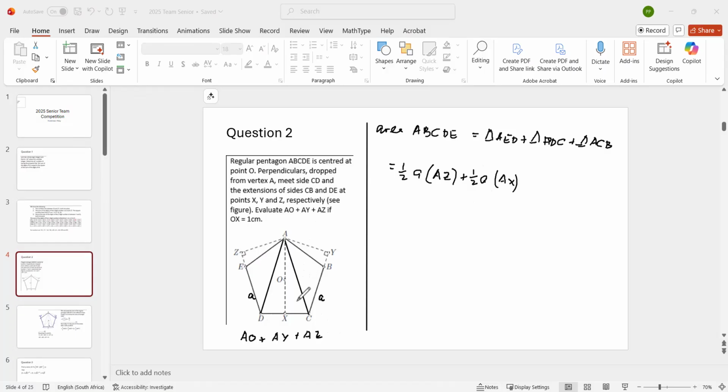How do we know that this is 90 degrees? Well, you can see by symmetry. This is right at the center. So this line here that goes through the center splits this polygon into two equal parts. So therefore, this will have to be 90 degrees.